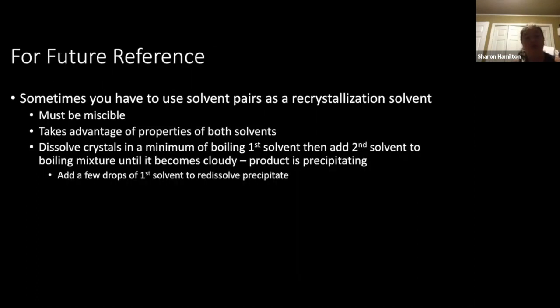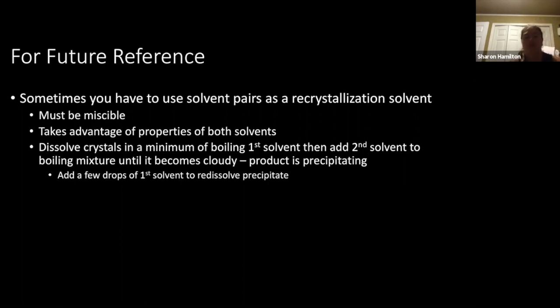For future reference, there's a second way of determining a solvent for recrystallization, and that's called using a solvent pair. I'm going to talk you through that very briefly in case we need to use that again.